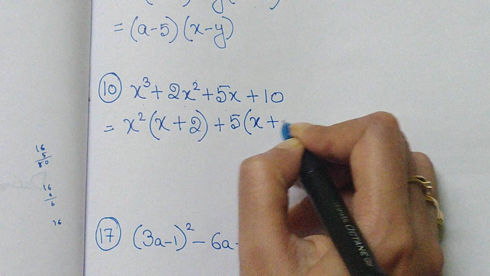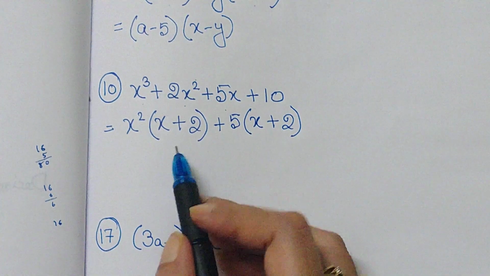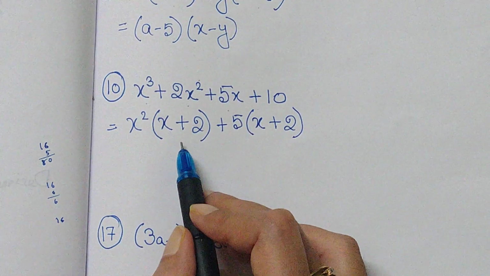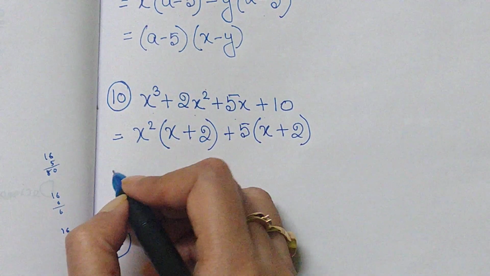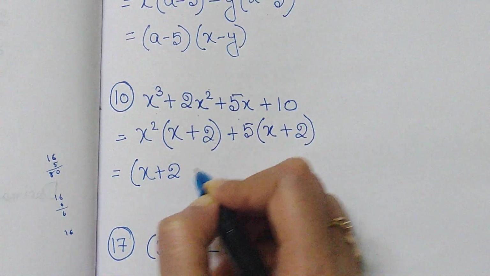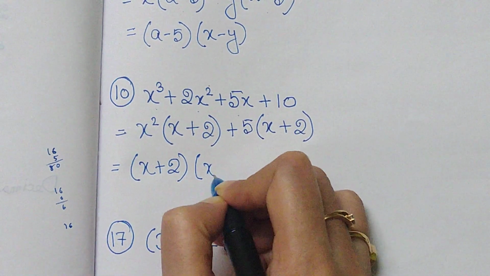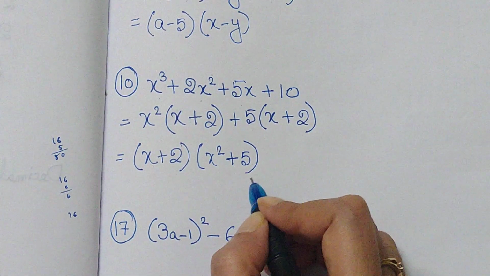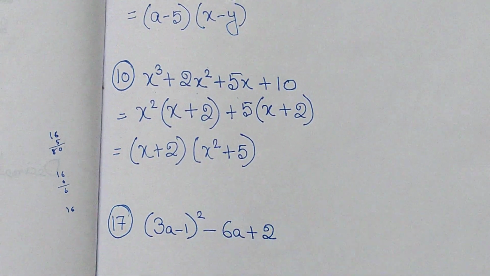So x plus 2. Now you can see that in both the cases I have got x plus 2 as the common factor. So I can take x plus 2 common. x plus 2 in bracket x square plus 5. So these are the two factors.